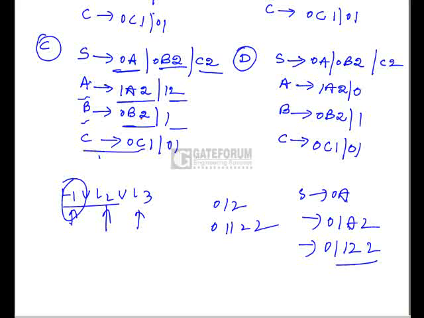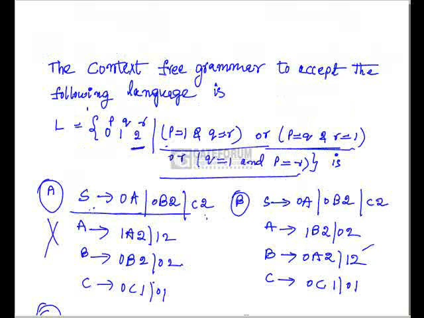Take option C: S to 0A, 0B2, C2; A to 1A2, 1 2; B to 0B2, 1; and C to 0C1, 0 1. So these are the productions. We should have 1 0 in one case, only one 2 in another case, only one 1 in another case.